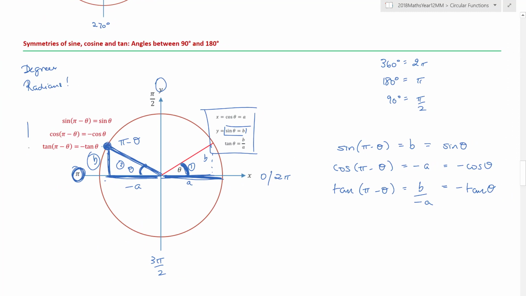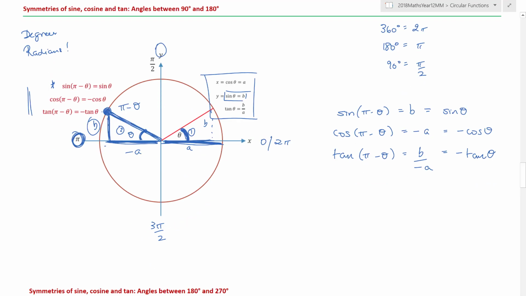So that's where these three identities come from. We can say that the sine of pi minus theta is exactly the same as the sine of theta. So if I know the sine of theta, I can find out the sine of pi minus theta. Wow! And the cosine is minus cosine, and tan is minus tan. Well, this is phenomenal. This is really, really helpful.